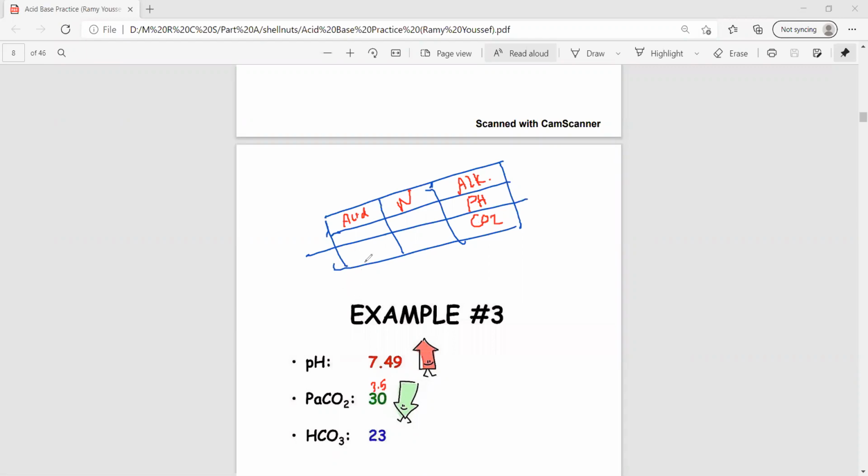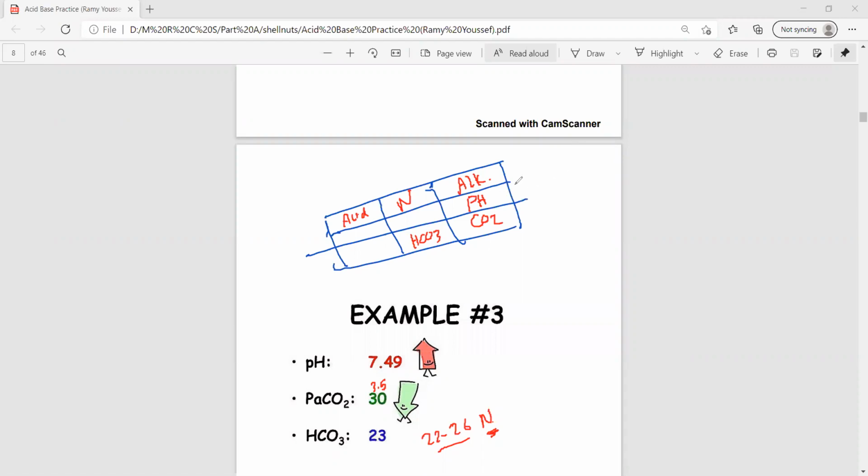HCO3? It is within the normal range. What do you expect your condition to be here?